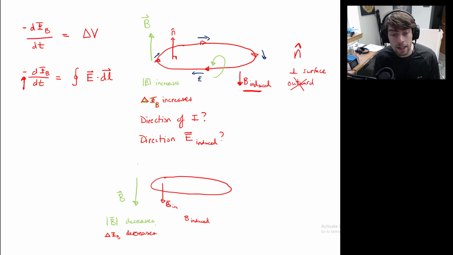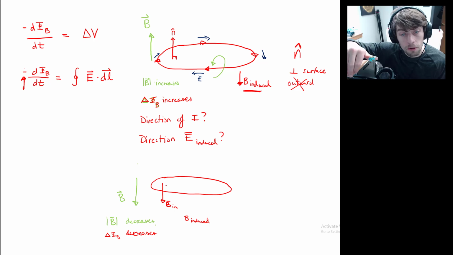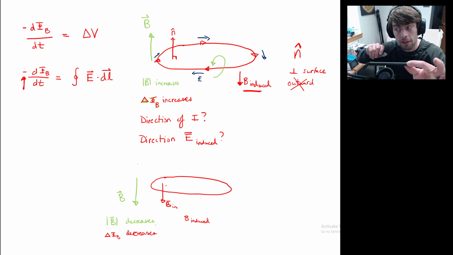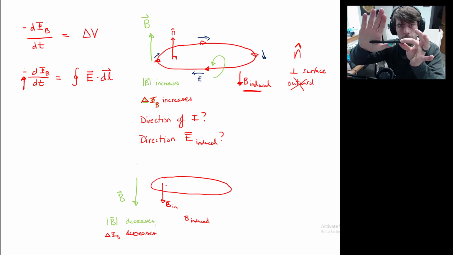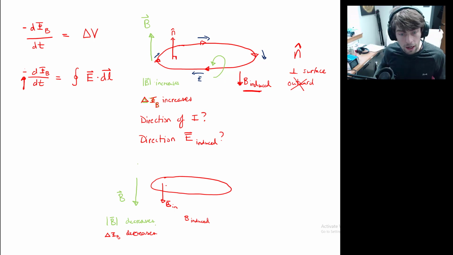Well, if the induced magnetic field is pointing downwards inside the loop, that means that when I grab the wire, I have to make sure that my fingers curl down when I'm inside the loop. So again, if I'm grabbing the front face of the loop, I have to grab it with my thumb going to the left, my left, so that as I curl my fingers down inside the loop, I have the field pointing downwards.